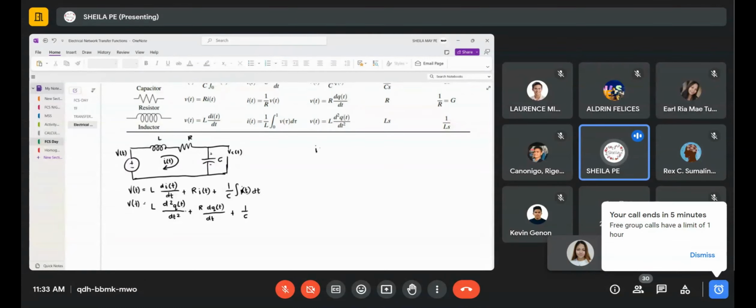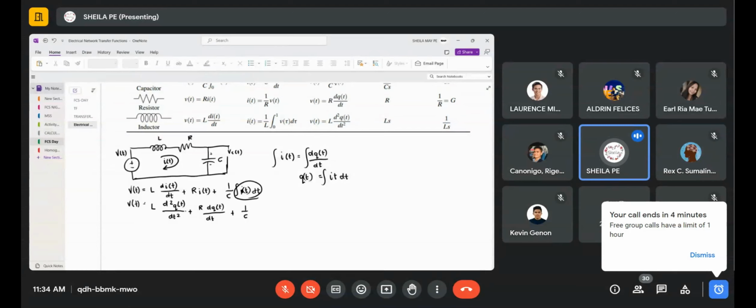Okay, so if i(t) is the differential of Q(t) over dt, and we integrate this, we get Q(t) equal to the integral of i(t) dt.